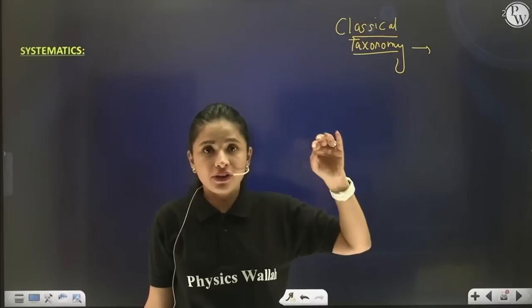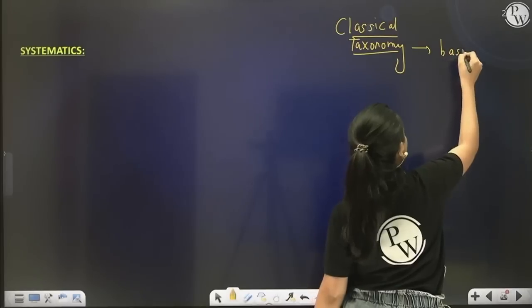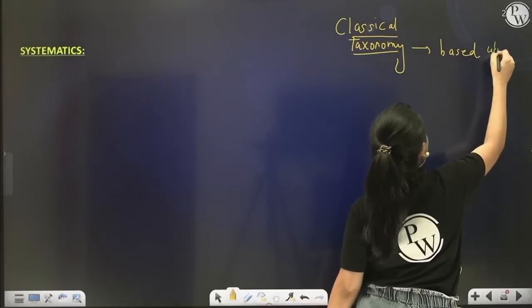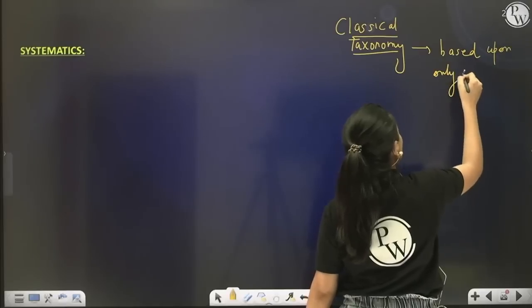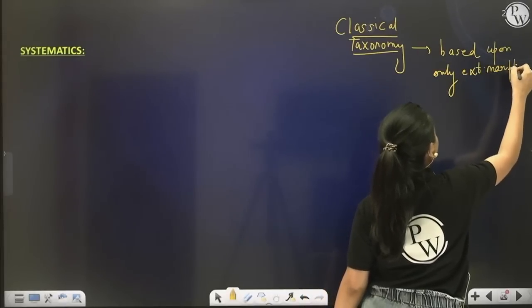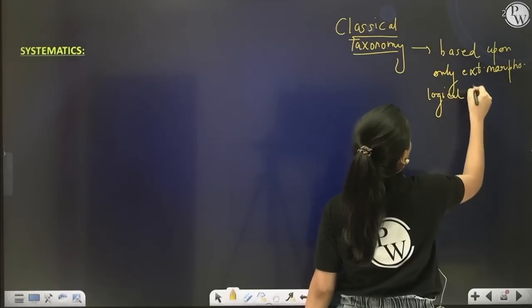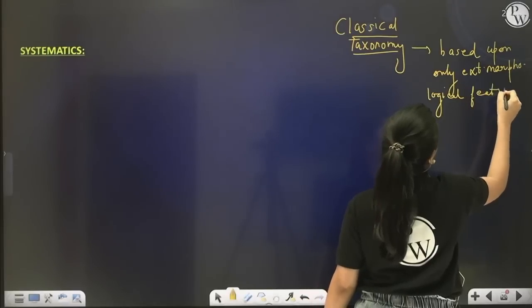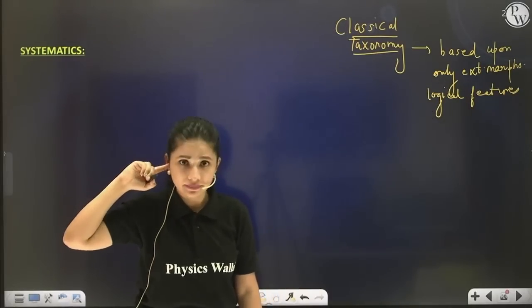So if a classification system is merely based upon only external morphological features, then that is called classical taxonomy.